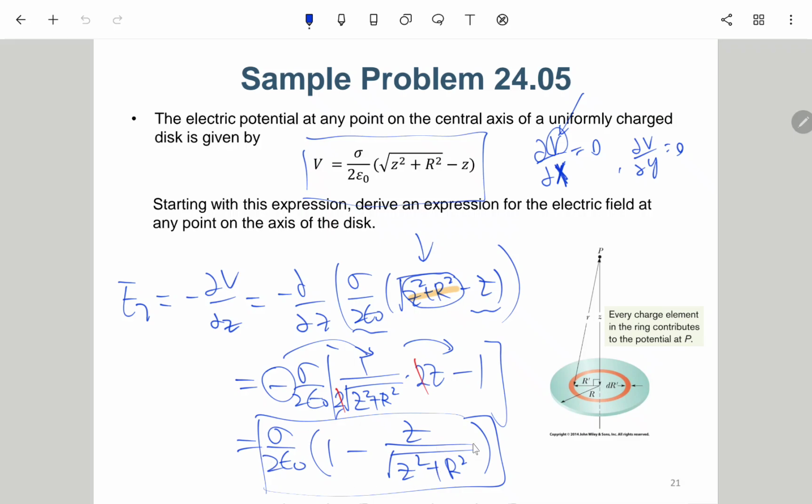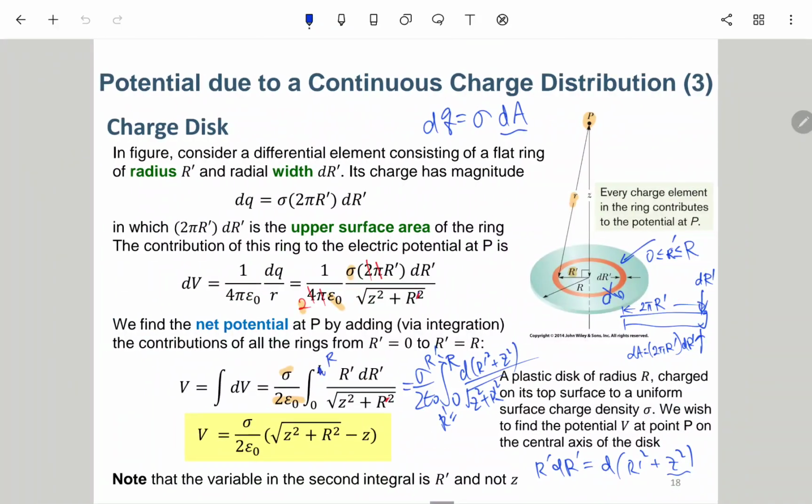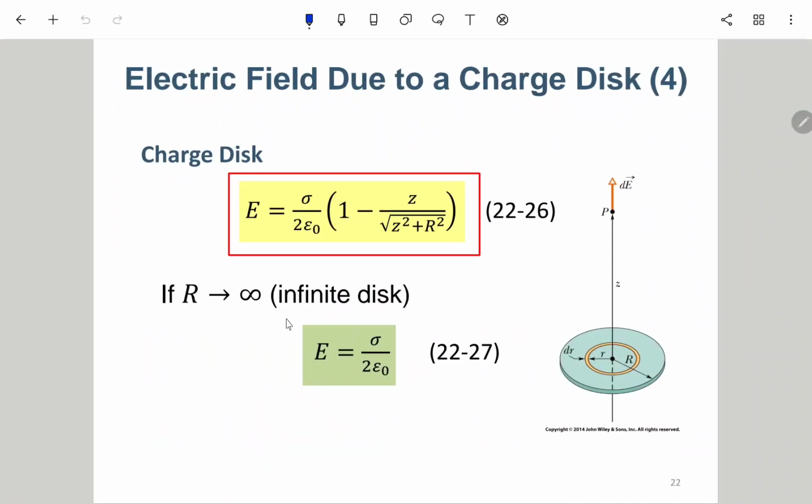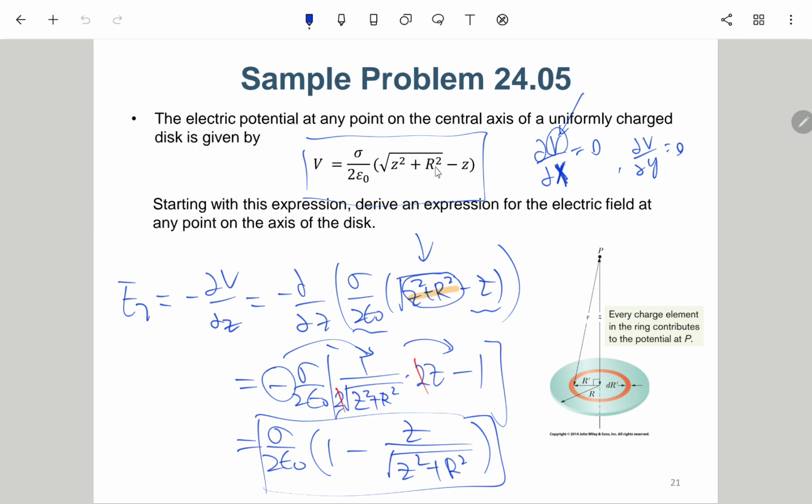You can compare the steps for calculating V with using integration for the E field in chapter 22. If you still remember, this one should be easier, and taking the derivative should usually be easy compared to calculating an integration.